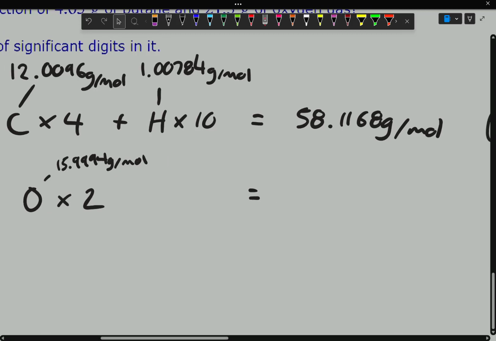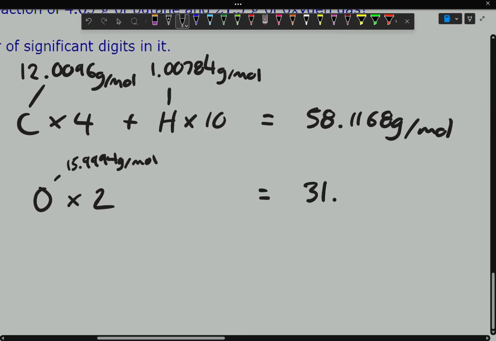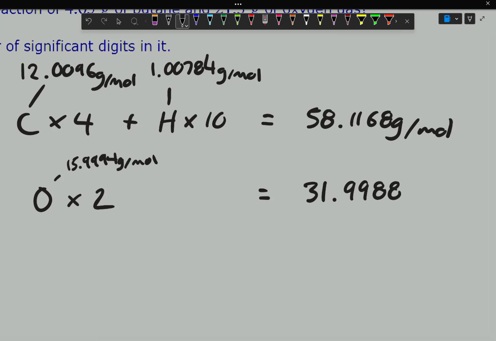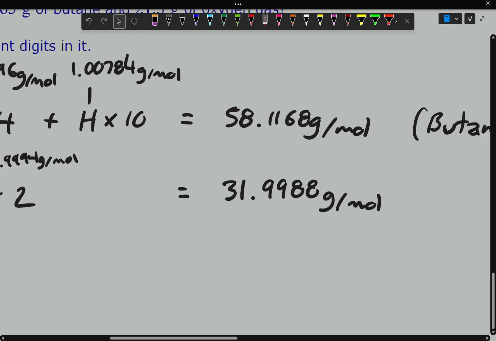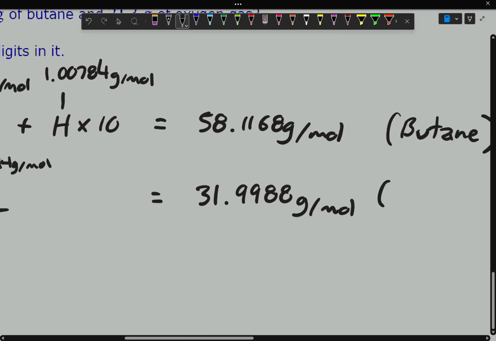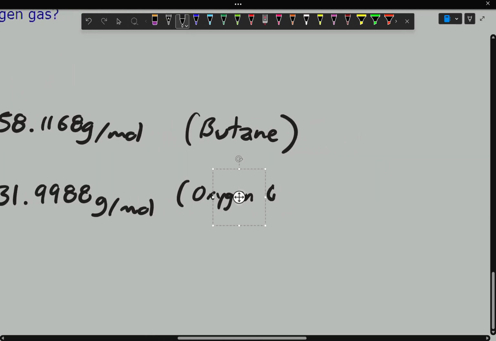Multiply that by 2 and you get 31.9988 grams per mole. And this is oxygen gas.